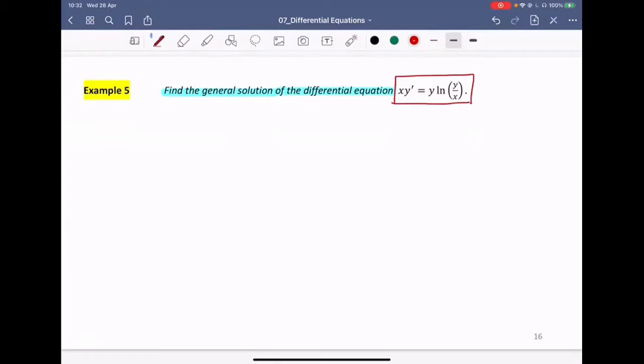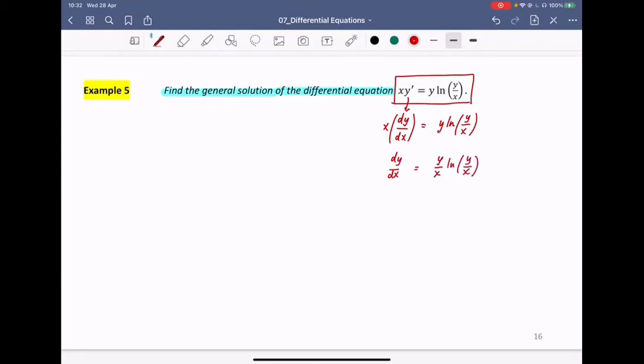Okay, first of all, is this separable? Answer yourself: is this a separable equation? You can see that this is dy by dx. y prime is dy by dx, right? And then multiply x here equal to y log y over x. If you move x to the right hand side, you have that.